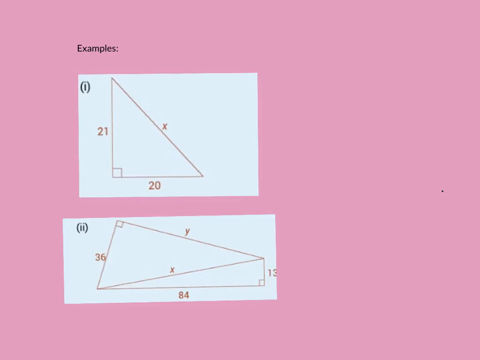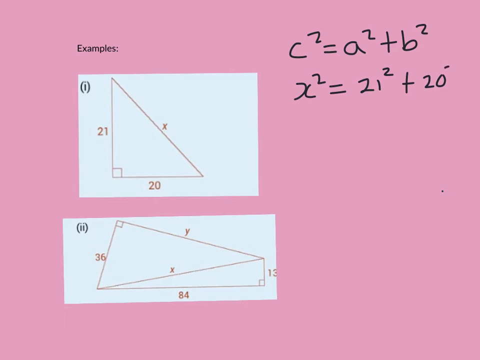Okay, so using our formula then. So our formula is c squared is equal to a squared plus b squared. And my c squared in this case is x squared. My a can be 21 or 20, it doesn't matter. 21 squared plus 20 squared.